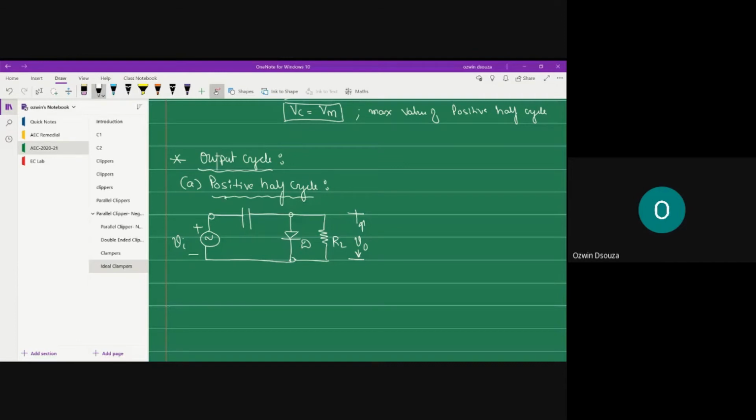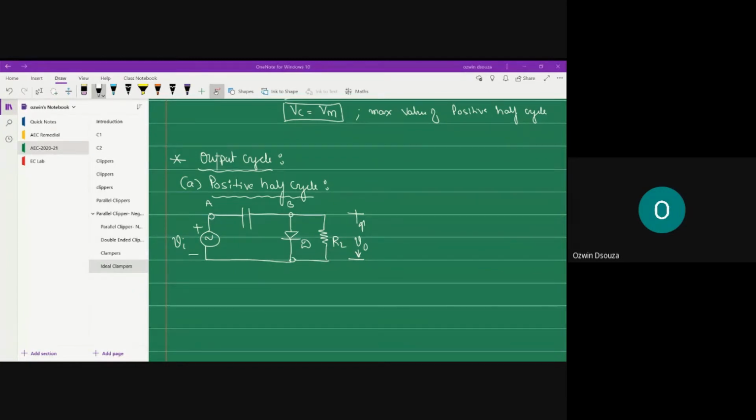Now, what I will do at the capacitor terminal, let me just mark two nodes, node A and node B. Now what you have to do is tell me the polarity of A and polarity of B. Quickly type your answer.